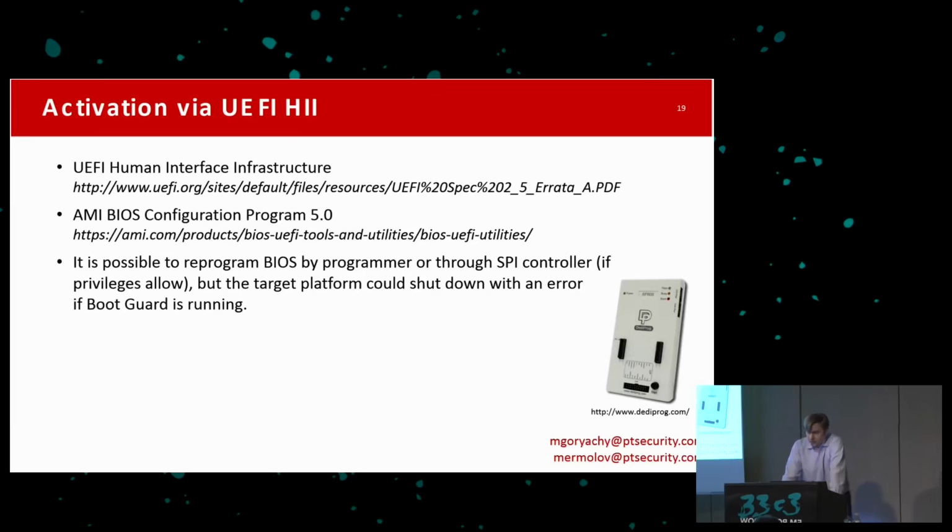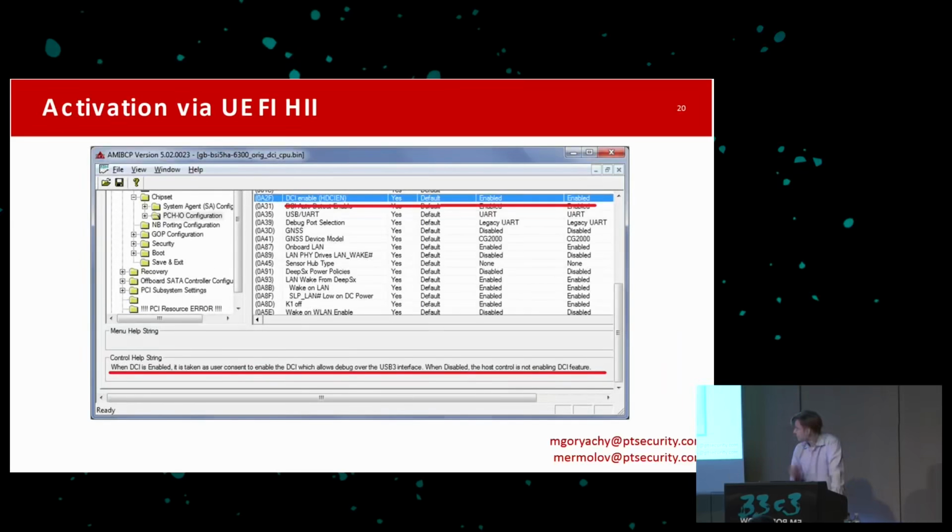UEFI Human Interface Infrastructure identifies default values for all options, including the hidden ones. And as soon as we find the option connected to DCI, it can be activated to set defaults. DCI enable is a special hidden option.